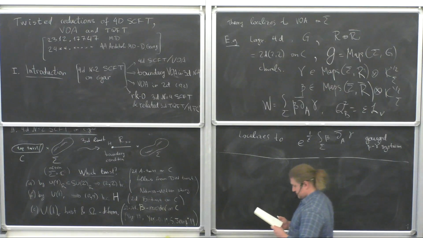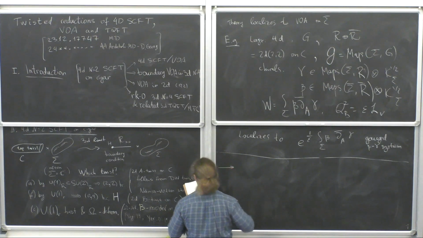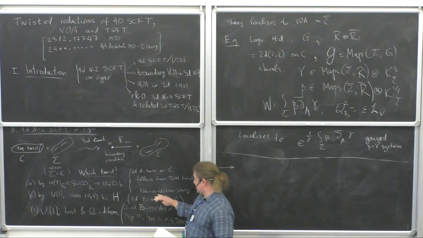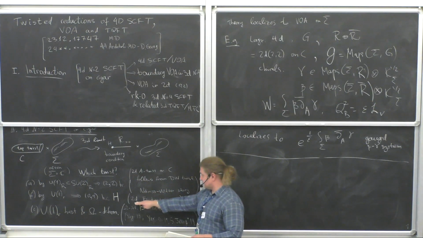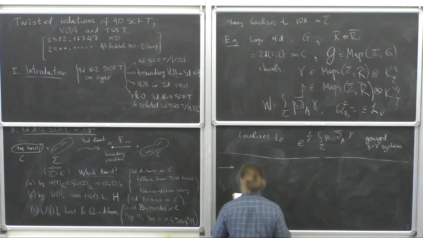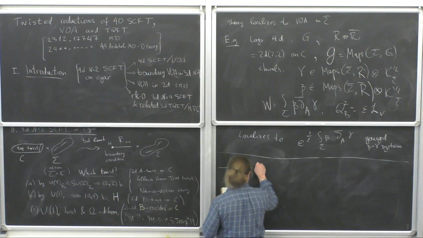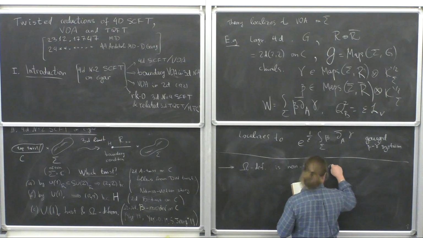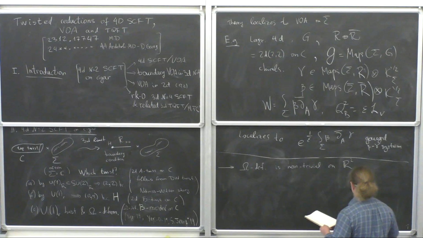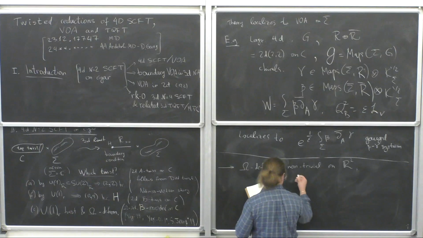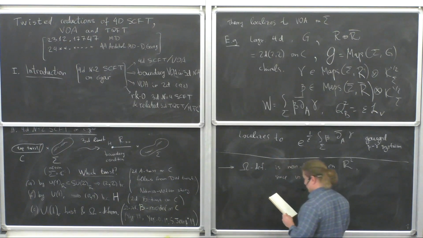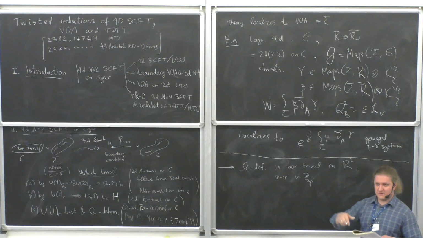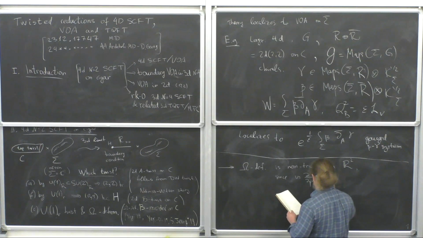Now let me remind you of a few important points that were also important in the Nekrasov-Witten story. What I'm running through in this part of the story is actually just repeating Nekrasov-Witten, but in the case of this B twist on C. So the first point is that the omega deformation of this 2D theory is non-trivial on R2, in the sense that it's a non-trivial deformation of the theory, since the rotation of the plane does not appear on the right-hand side of Q squared in the super Poincare algebra.